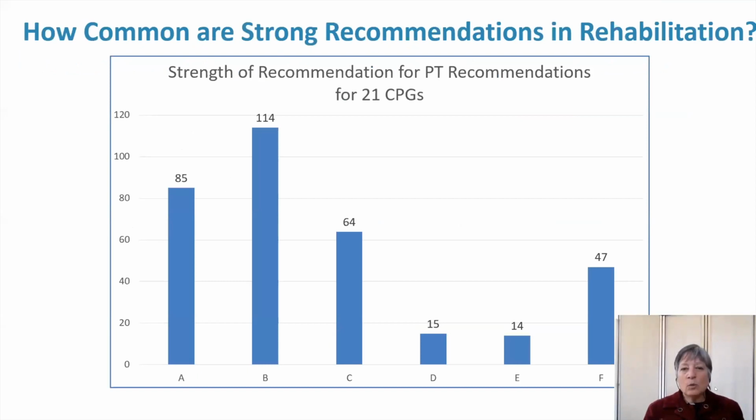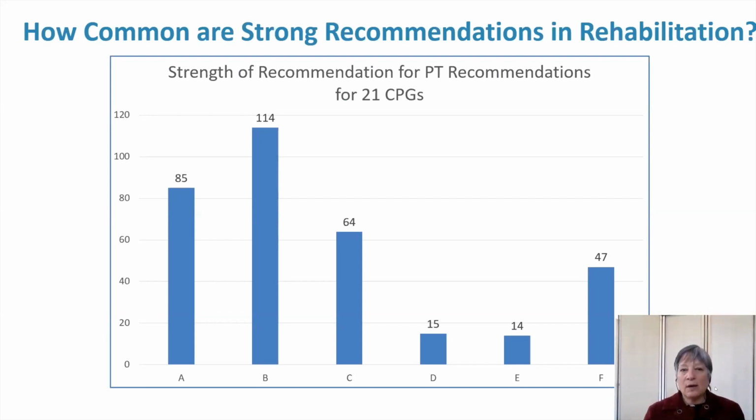I did an informal review of CPGs in the physical therapy realm to see how common is it to have strong recommendations for evidence-based practices. And what I found among 21 CPGs that I looked at were 85 A-level recommendations, which would be must or should, and 114 B-level, which would also be must or shoulds.